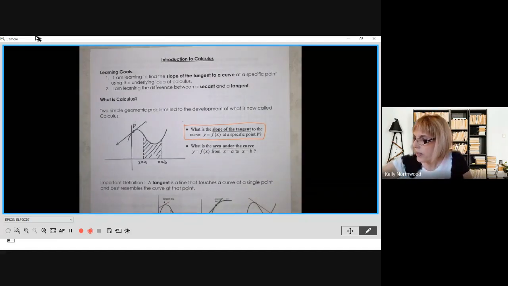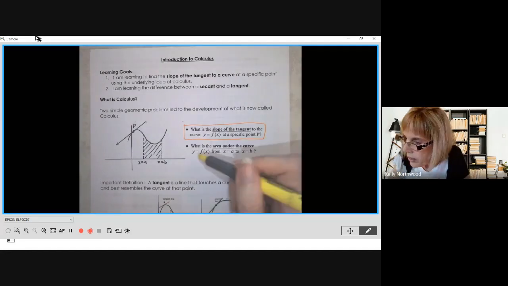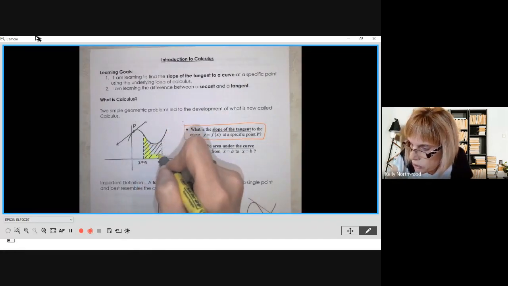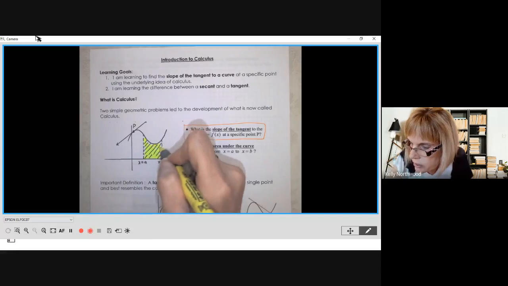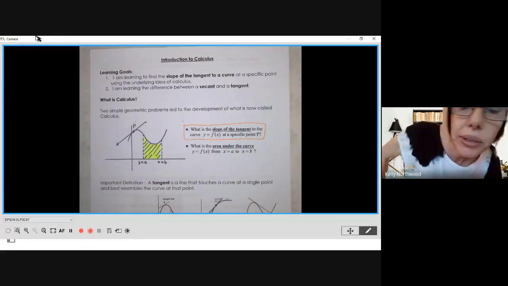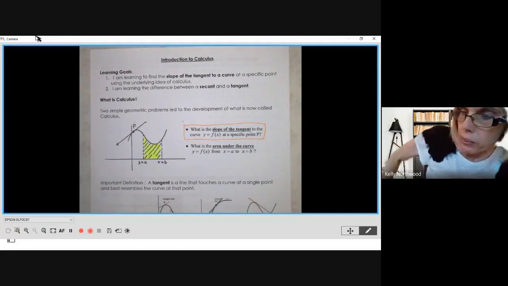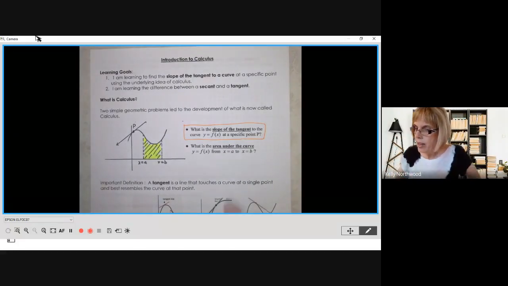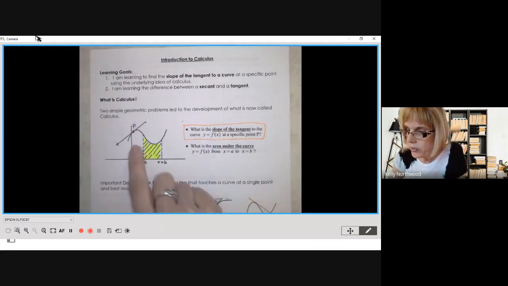So this would be the area under the curve y equals f of x from x equals a to x equals b. This is integral calculus, and this is what you'll get into in first year, after they do probably 2 weeks on derivatives, all the stuff that we will do in this year.